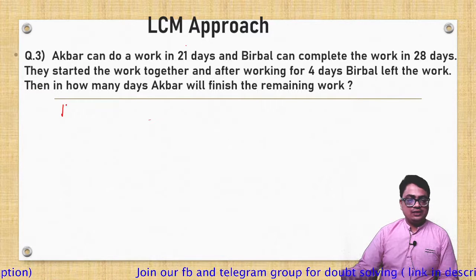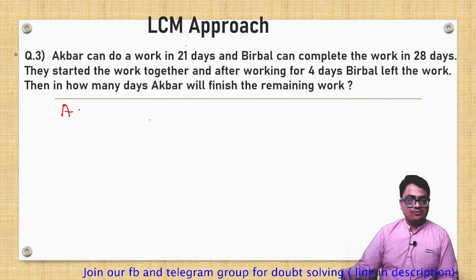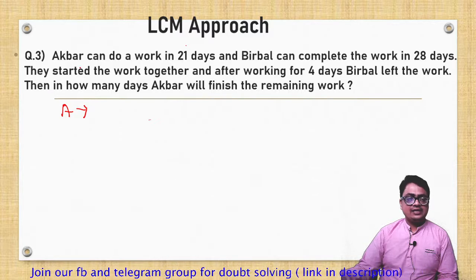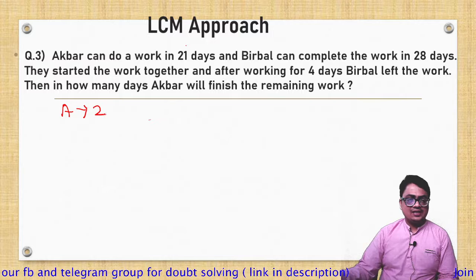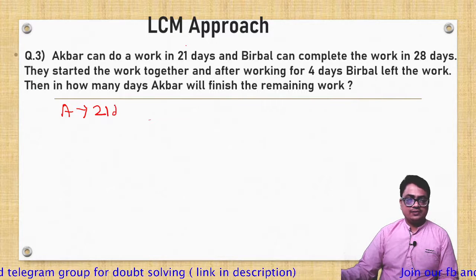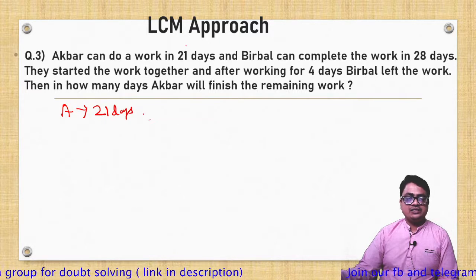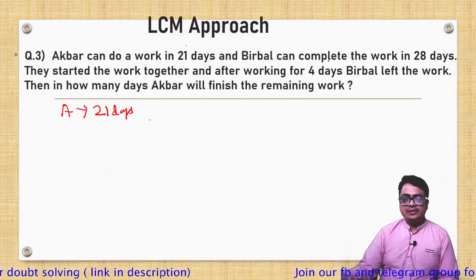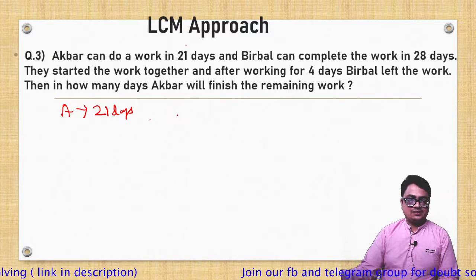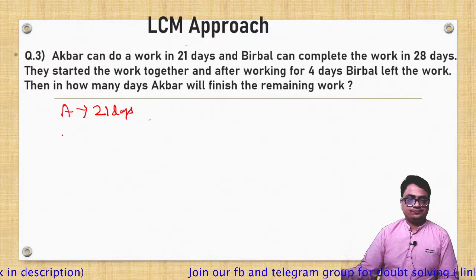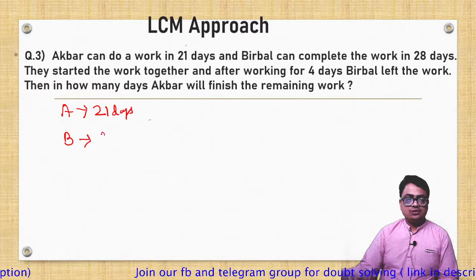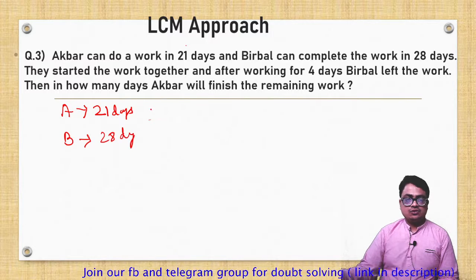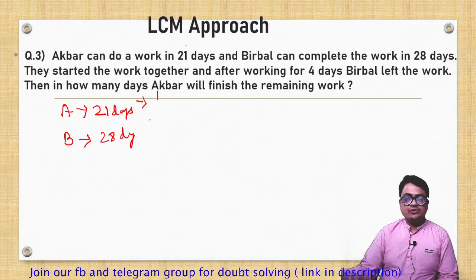Akbar can do the work. Let us say Akbar we are denoting as A, the first letter of the name. A is doing in 21 days, B is doing in 28 days. So, in one day how much will they be doing?